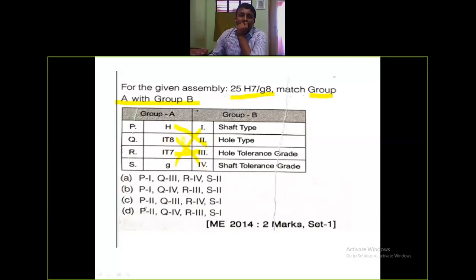So P means 2, Q means 4, R means 3 and S means 1. The correct answer will be D1. This question was asked in the year 2014.